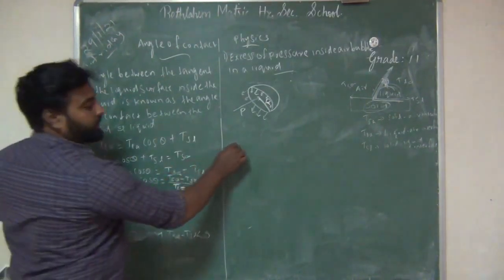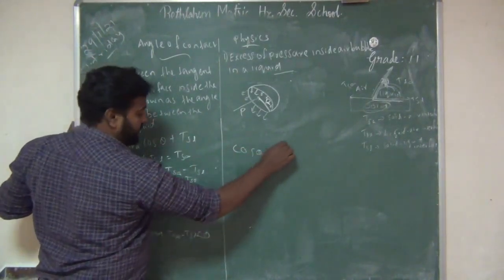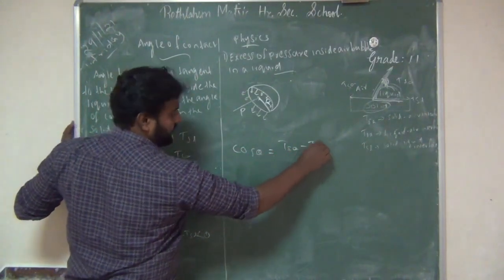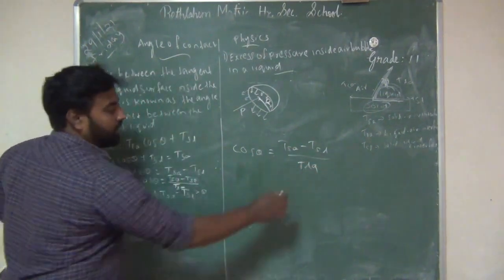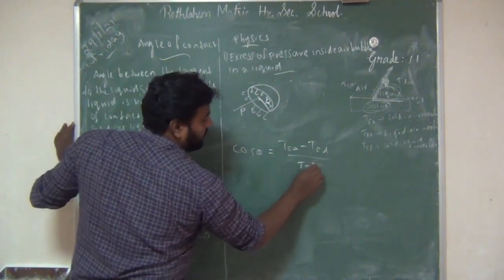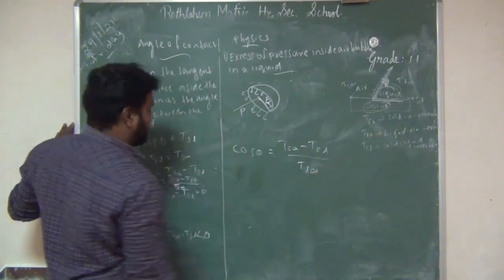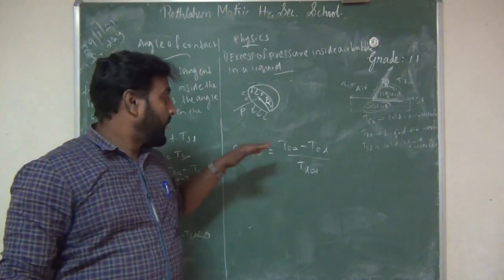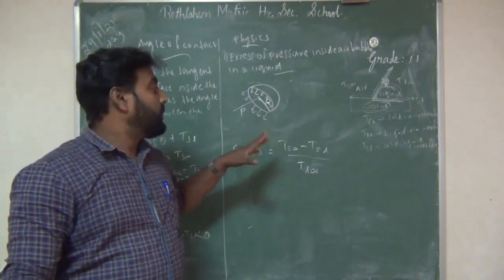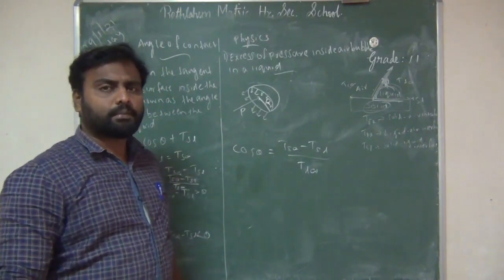So this is the equation we are getting: cos theta is equal to TSA minus TSL by TLA. By using this equation we can find the angle of contact.